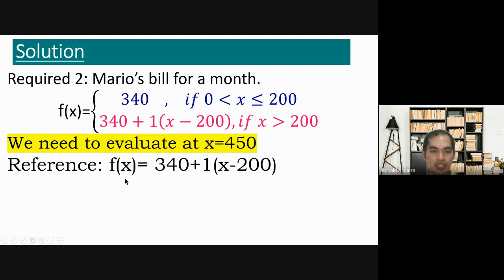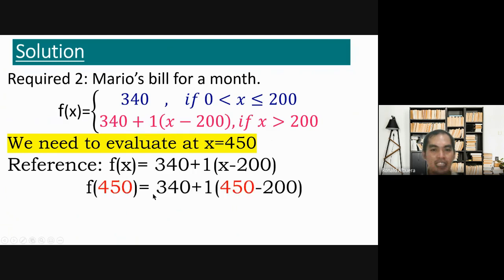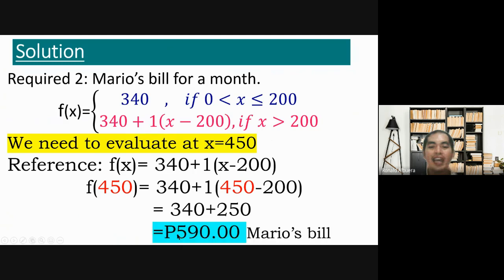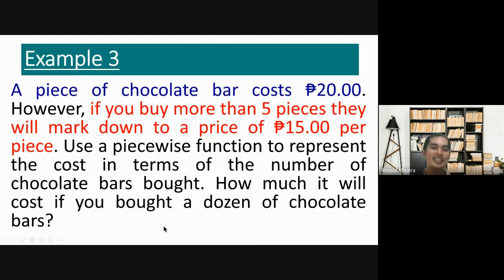We substitute f of 450 equals 340 pesos plus 1 peso for every excess of 200. 450 minus 200 is 250 plus 340 is 590 pesos yung babayaran ni Mario at the end of the month. Malinaw? Very good.